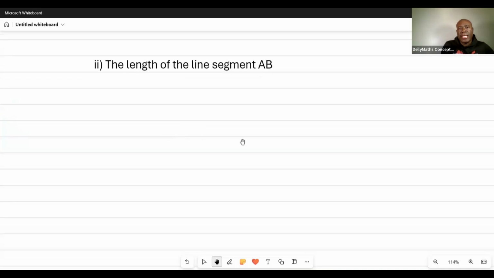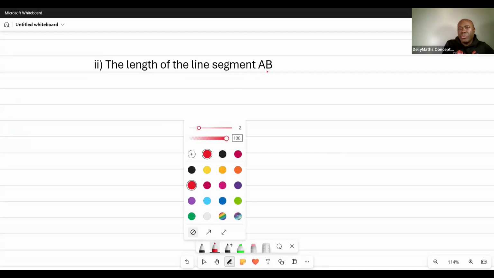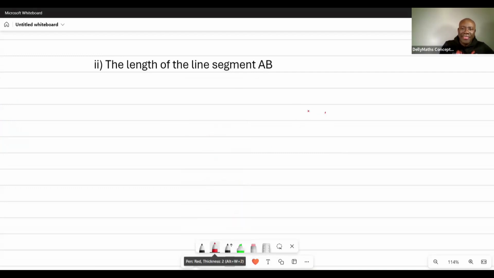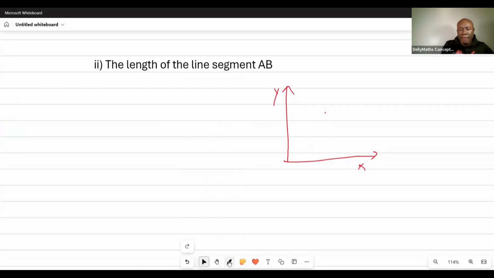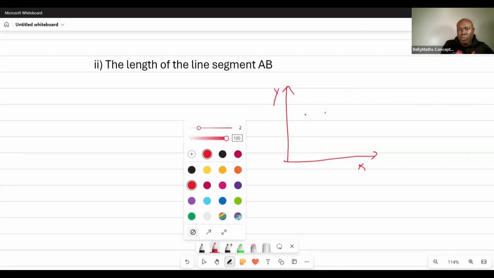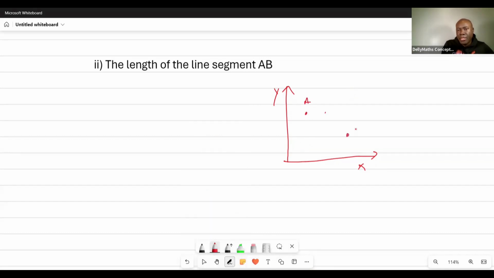The second part of the question is asking us to find the length of the line segment from A to B. Let us take a quick look at the idea. Let us just consider that this is the XY axis, where this is X and this is Y. Say we have a point A, and just making this up, a point B here. This is a line segment. What happens is we can get a right triangle from that line segment.